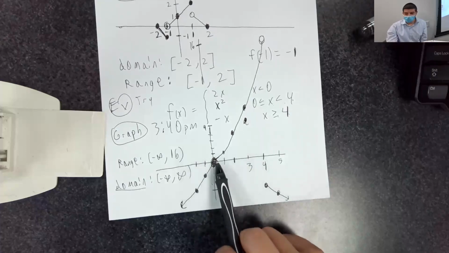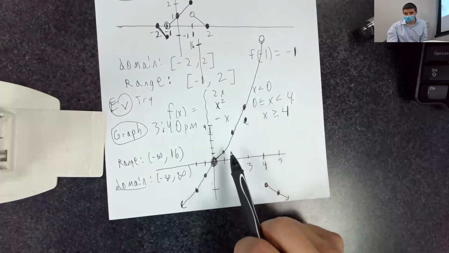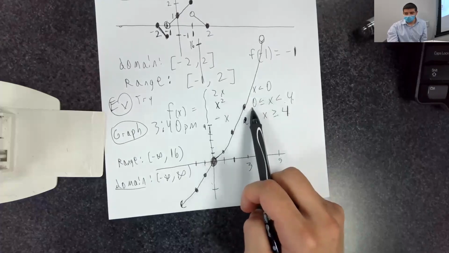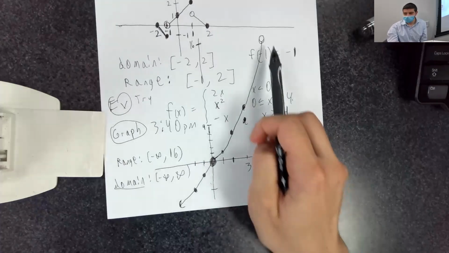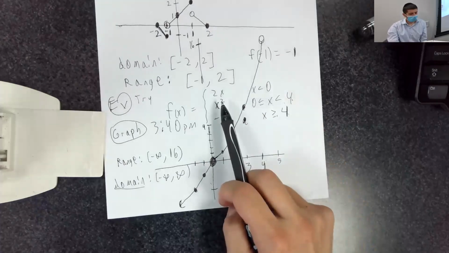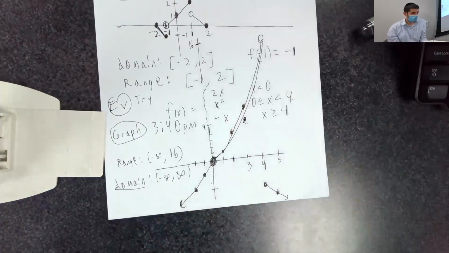In fact, I didn't even need to make closed circles here. I could have just said, oh, the function starts at 0, 0, and then it ends at 4, 16. And I know x squared is a quadratic, and I could have just drawn a parabola because that's what a quadratic looks like.